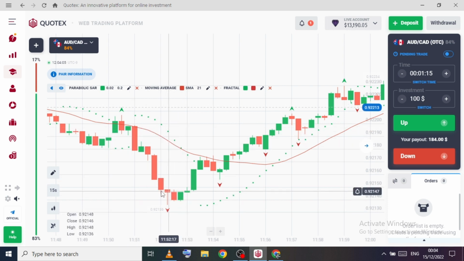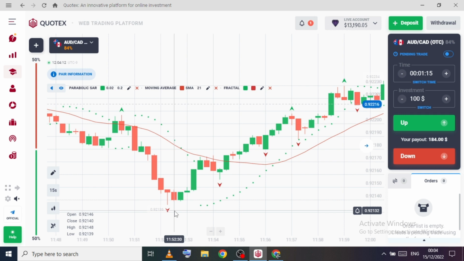We're gonna look for a fractal at the bottom, a fractal which forms when the price has hit its lowest point. If it was a downtrend, the price has hit its lowest point during that trade, and then we have a fractal in that situation.